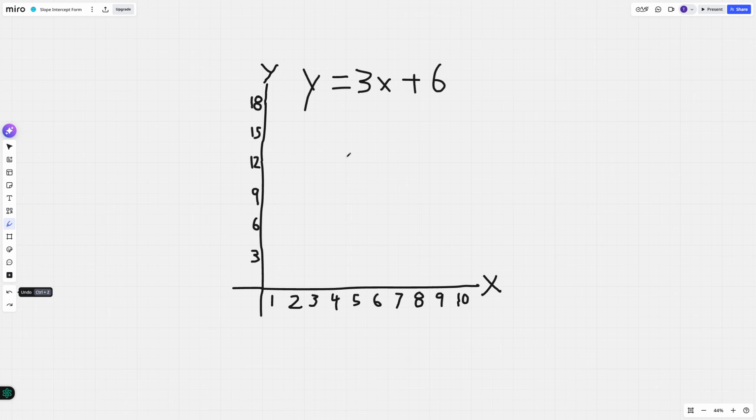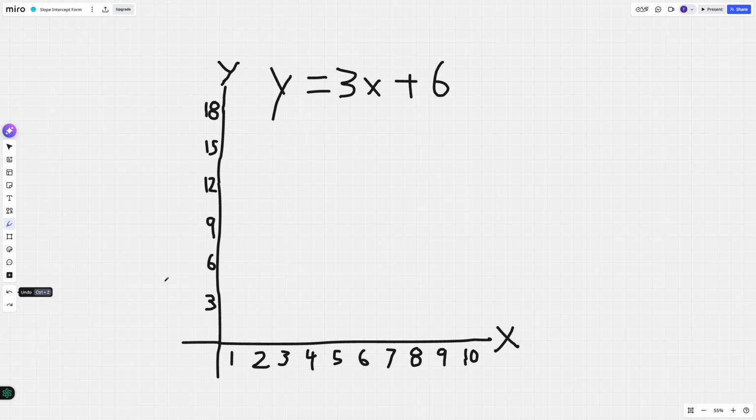Alright, so let's go into the graph now. Since you started with $6, you'd have a point at 0, where you have 0 hours worked, but $6. But after 1 hour, what's 6 plus 3? It would be equal to 9. So you have $9.